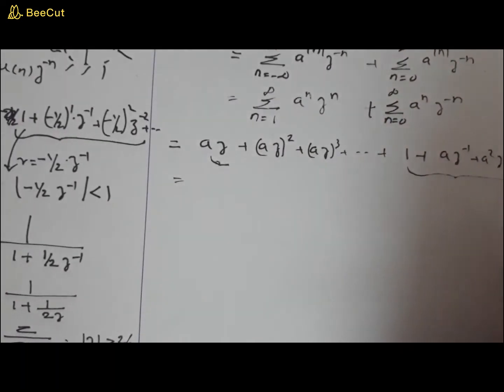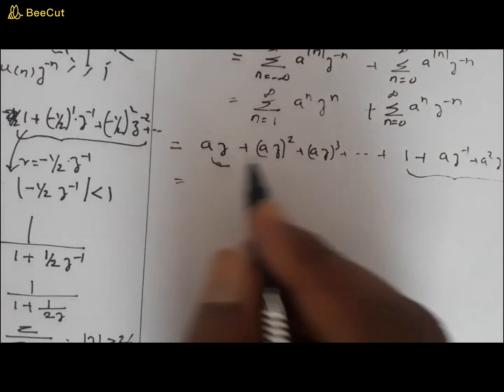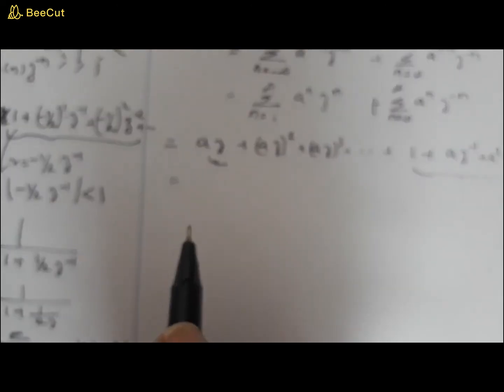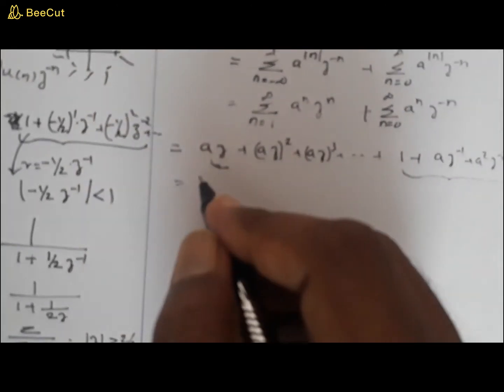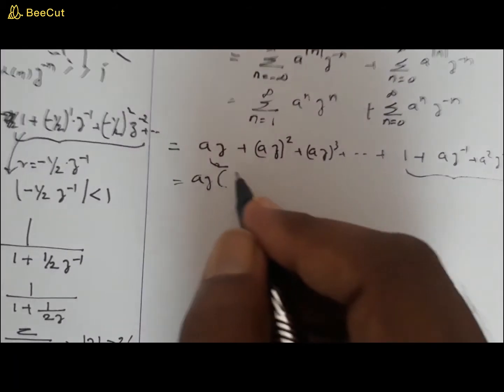Now this is a geometric series, but it is not of the form 1 plus r plus r square, etc. Only then can you apply the convergence equation. So in order to make it of that form, we take one a z outside.